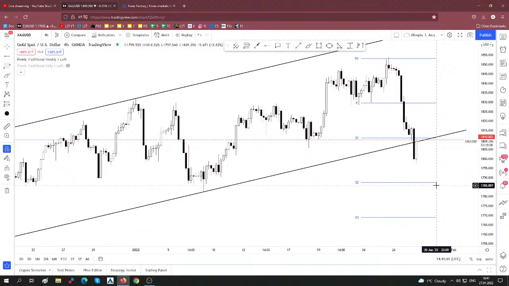One moment, because I have to take a look. So yeah, Orlando sent his trade, also a sell stop.